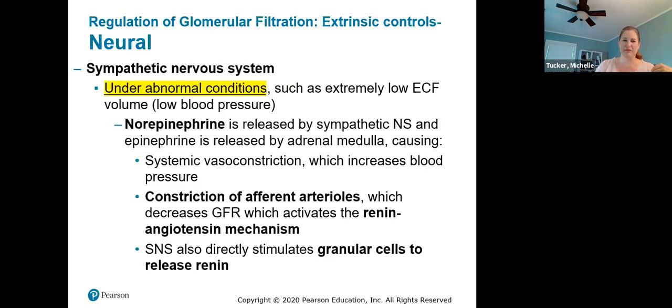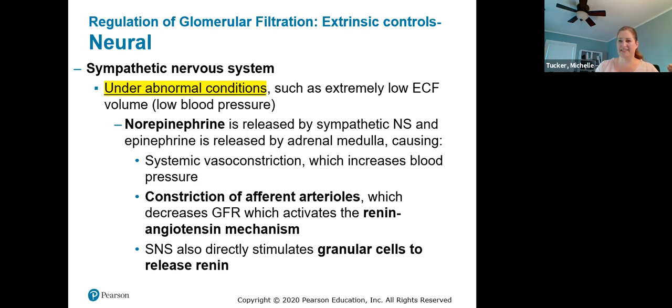So under abnormal conditions, the sympathetic nervous system will secrete norepinephrine and cause the adrenal medulla to release epinephrine, so that sympathetic fight or flight response. And it is going to start to shut down the kidney filtration system. It says, I need that blood somewhere else.